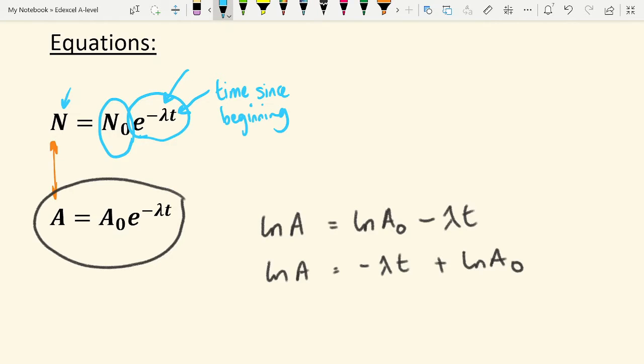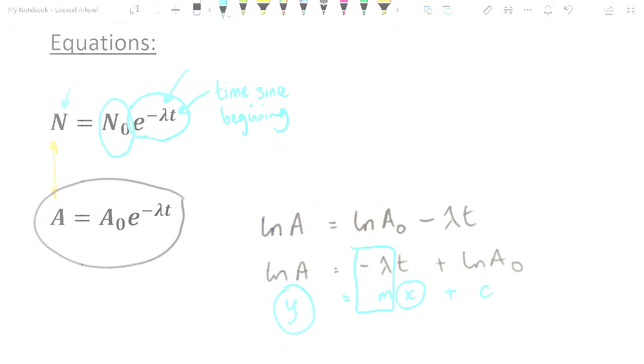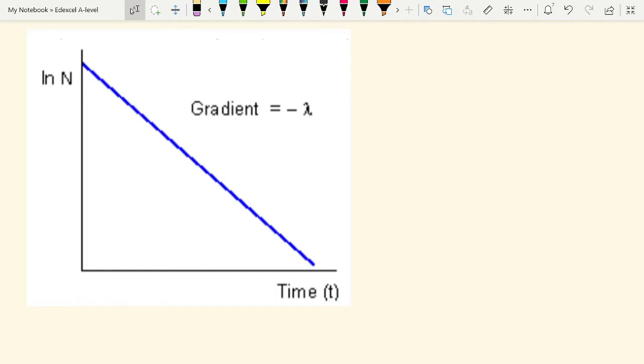And this is in the form of y is equal to mx plus c. So if you are monitoring the activity of a sample over time, you can put time on your x-axis, ln A on your y-axis, and we would expect to get a line with a negative gradient, and with the intercept being ln A0. And that is exactly what we get.